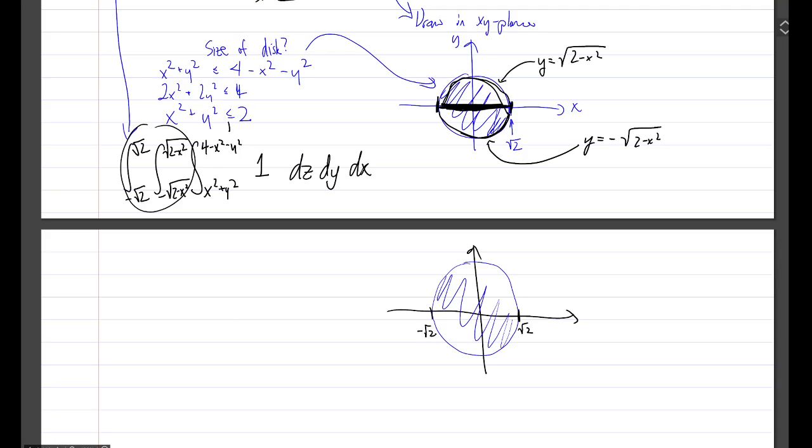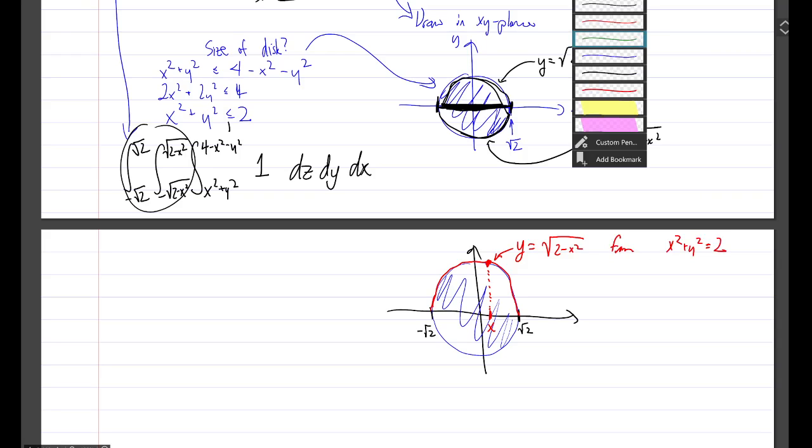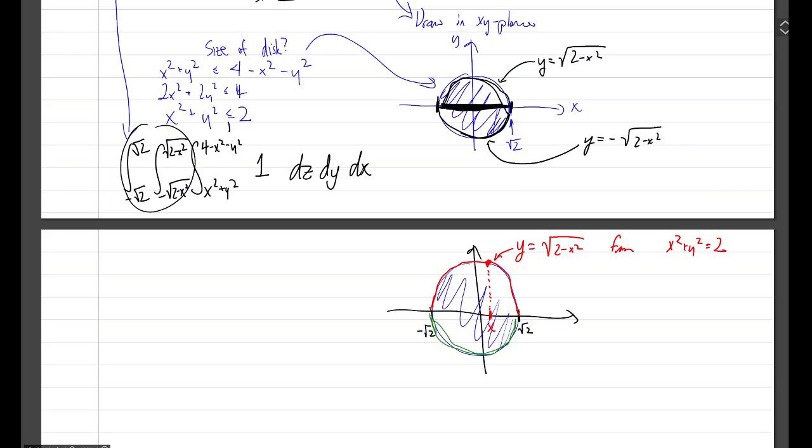For a fixed x, like right there, the upper y value is given by y equals root 2 minus x squared. This comes from x squared plus y squared equals 2; just solve for y. And then for that same fixed x down here, you get the y value negative root 2 minus x squared. Again, you get this from the same equation.